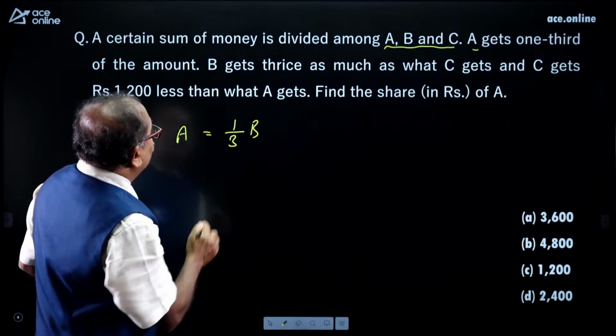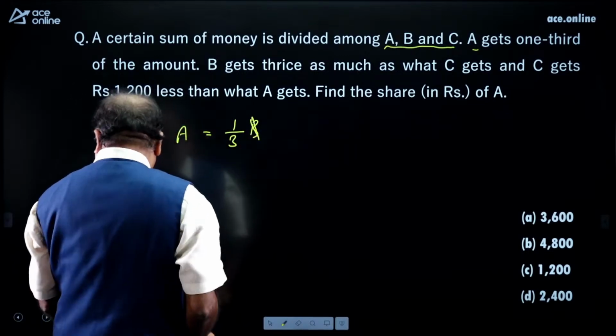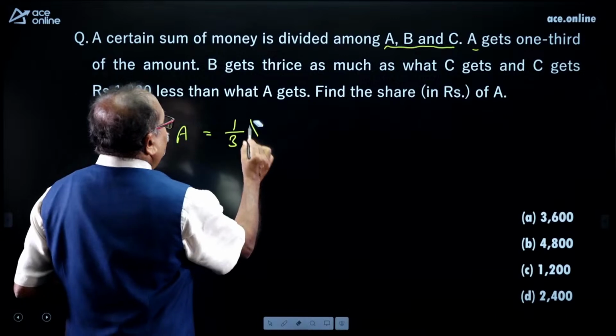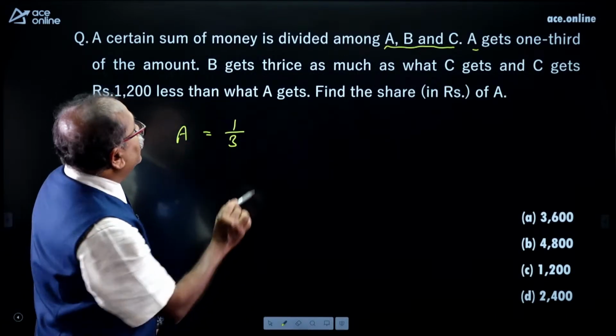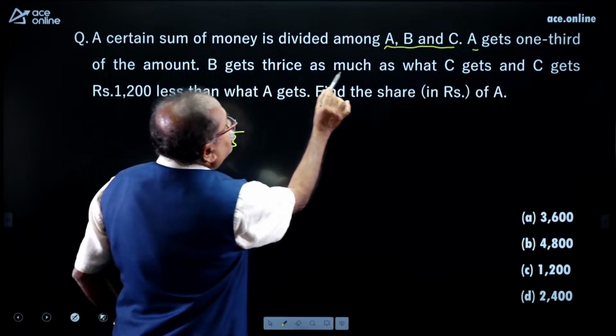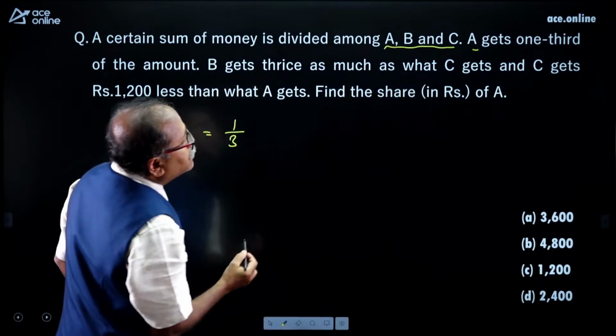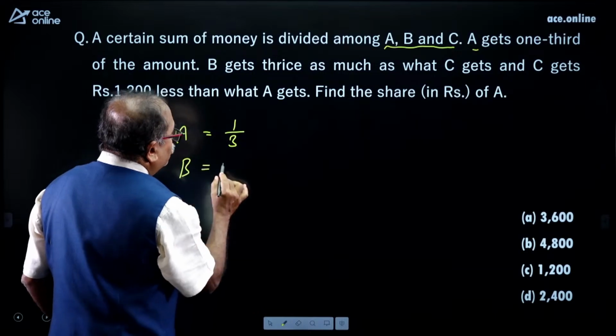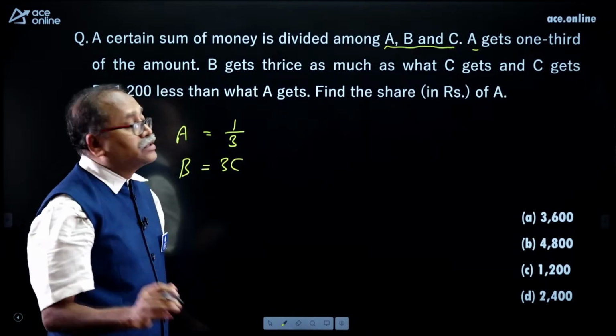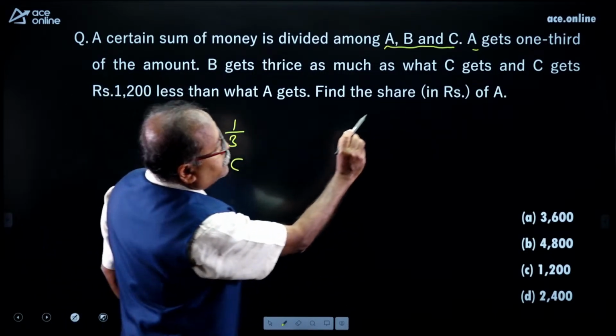A gets 1/3 of the amount. Clear? And here it says B gets thrice as much as what C gets. So B is equal to 3 times C. Come on, Mr. Pawan.